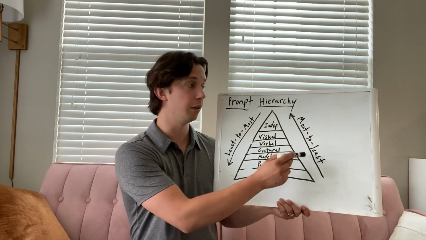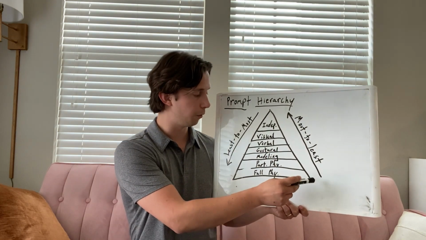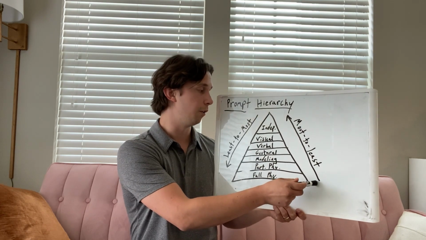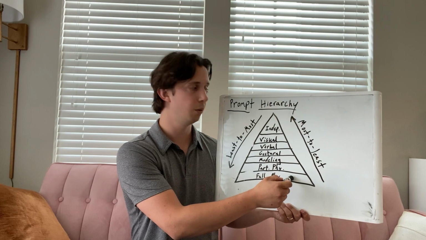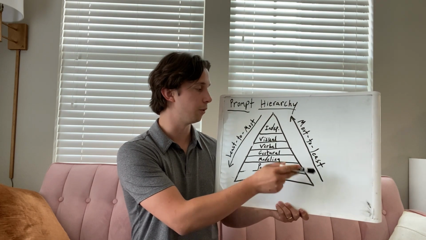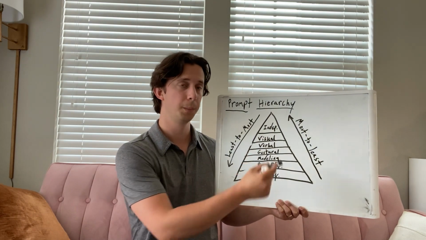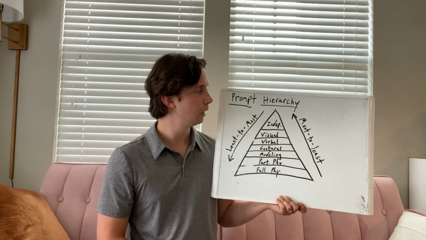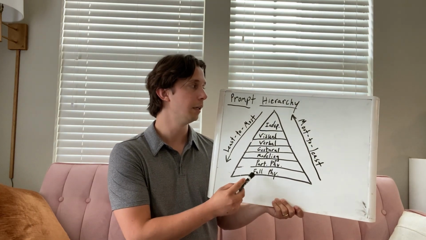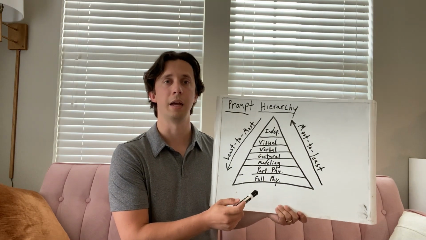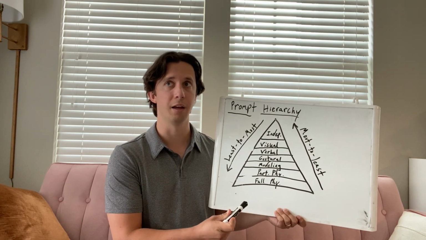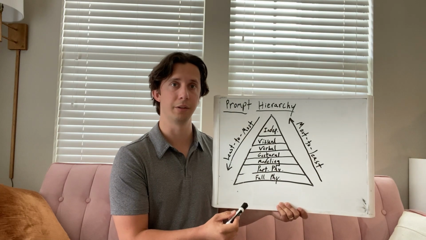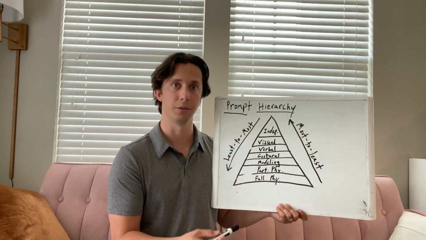In most to least prompting, you start from the most intrusive prompt and you make your way up to the least intrusive prompt. Most intrusive being full physical and the least intrusive being a visual prompt. Most to least prompting is good for teaching clients a new skill if they don't necessarily have precursor skill sets for the new learned skill.